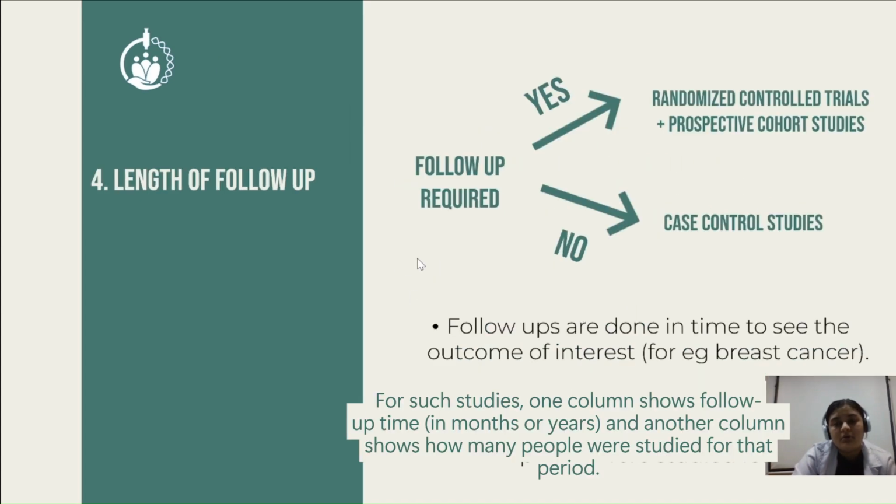The length of follow-up is usually required in randomized control trials and prospective cohort studies. It is not required in case control studies because we know that these cases are going through the risk. So why would we need a follow-up when we know that this has been happening with them? We require a follow-up when we want to find out the incidents when it has not been reported, and we need to go over a certain period of time to find out, oh, this has been reported.